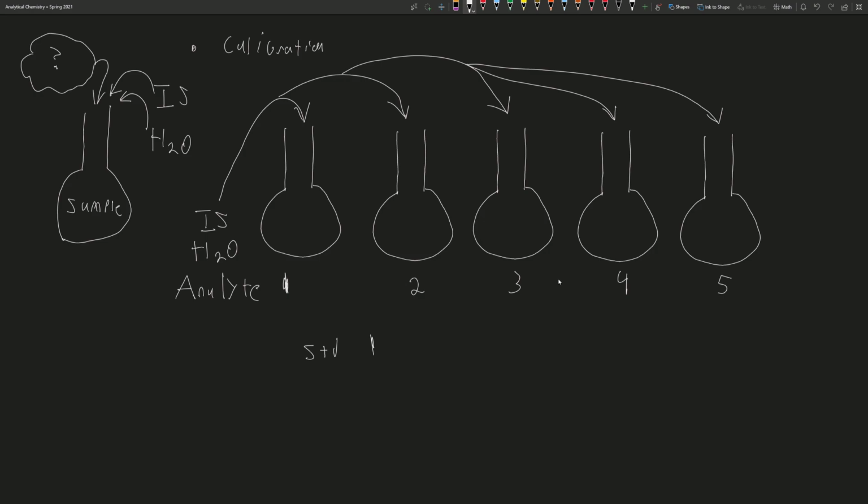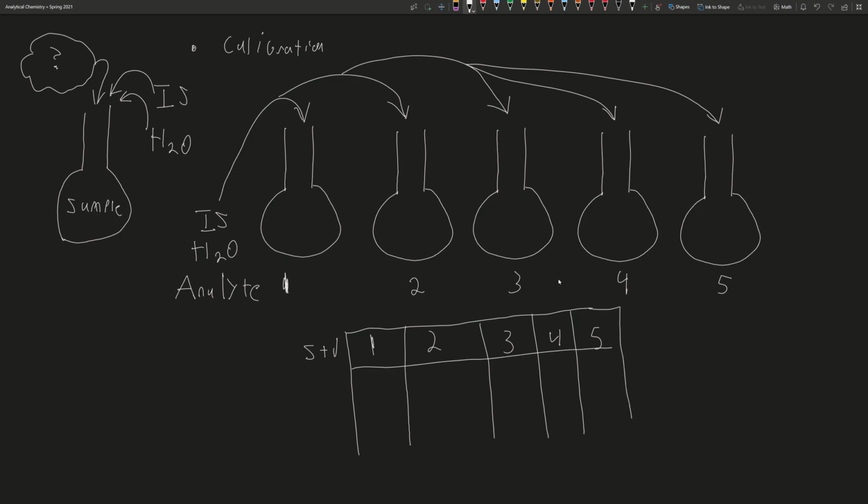Standard 1, 2, 5. Say this was internal standard concentration.